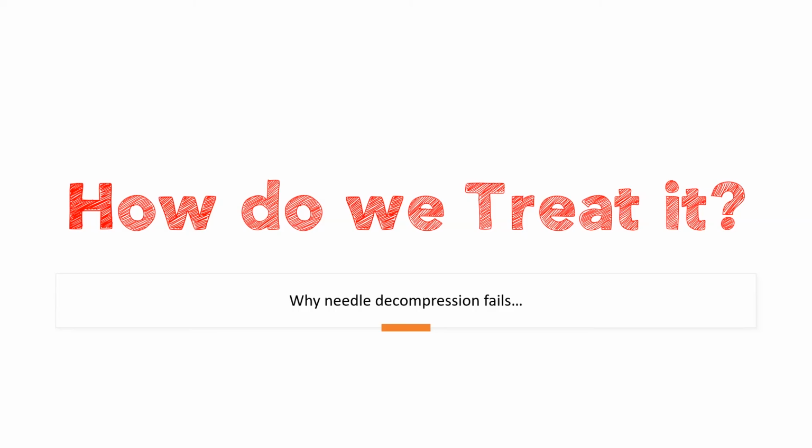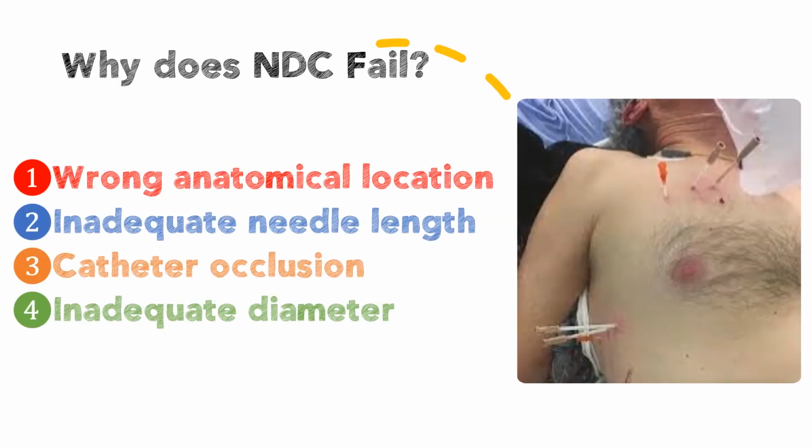So how do we treat it? And I think to know how to treat it, we have to talk about why needle decompression fails, and it does fail frequently. But it fails for a multitude of reasons. And I would say the most common reason is that we are A, going in the wrong anatomical location, and B, using inadequate needle length.